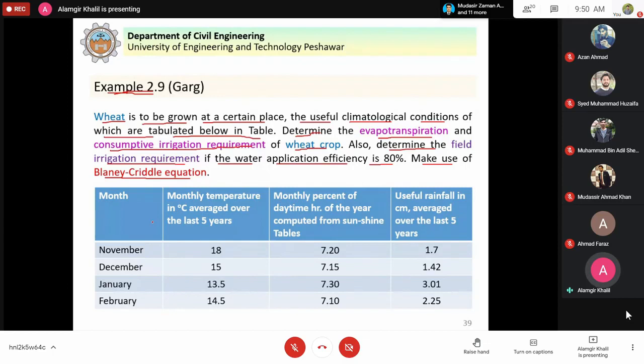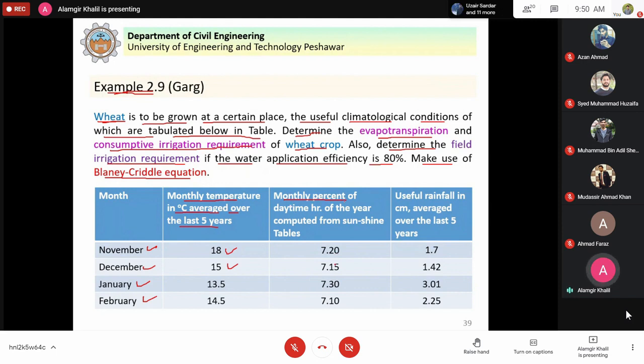Now this table is given. We have wheat that is to be grown at a certain place. The months given are November, December, January and February. The monthly temperature in degrees Celsius, averaged over the last 5 years, is given for these months. For the month of November it is 18 degrees centigrade, then 15, and so on for the other months. Similarly, the P value is given here for this question.